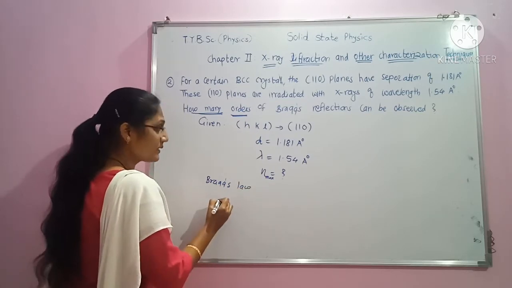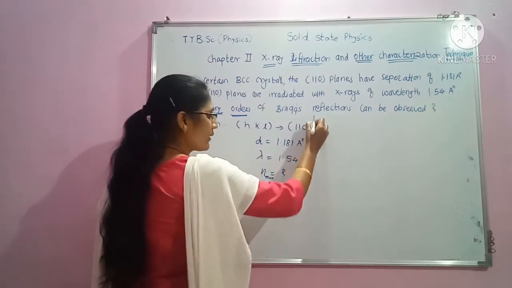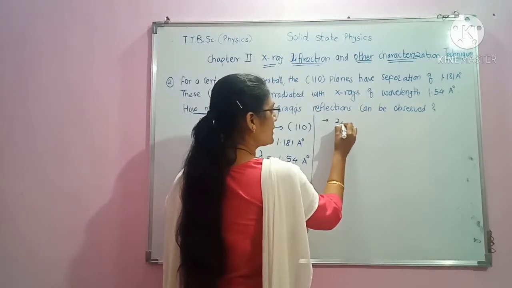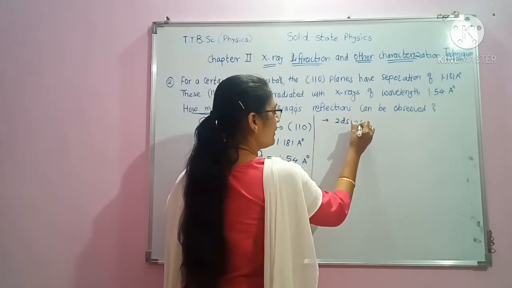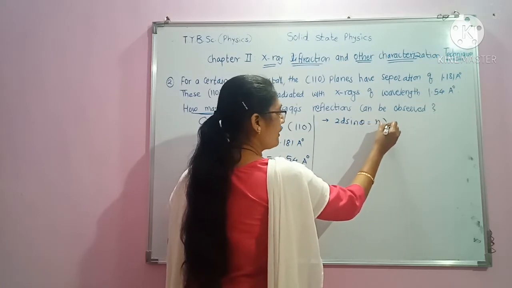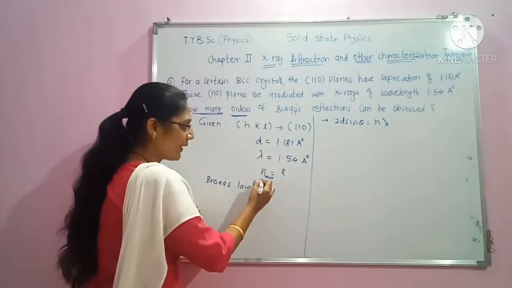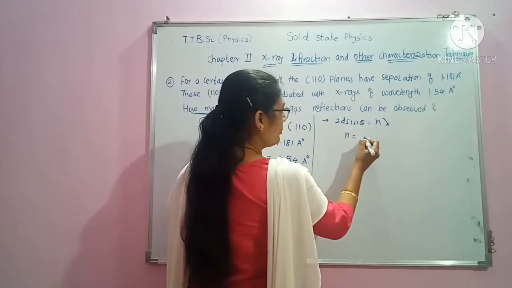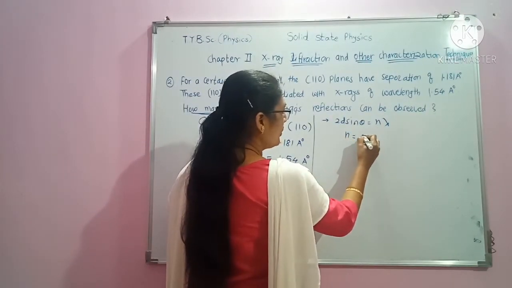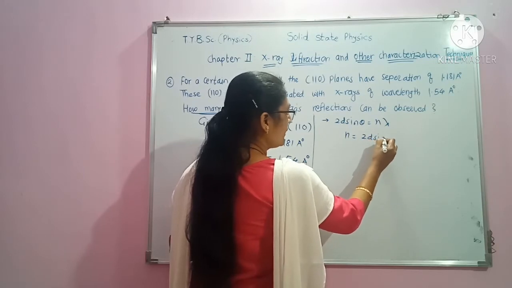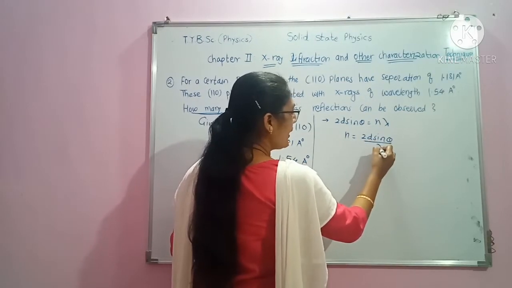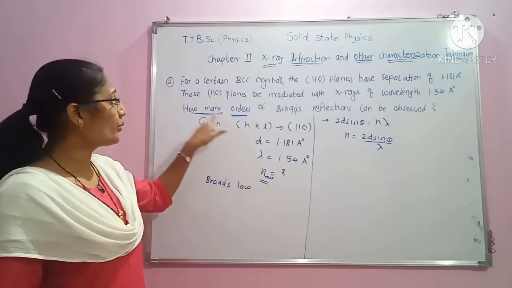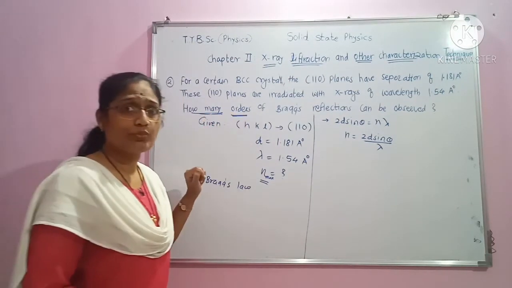By using Bragg's law, 2d sine theta is equal to n lambda, we have to find the value of n. So n is equal to 2d sine theta upon lambda. But here we have to find the maximum orders possible.